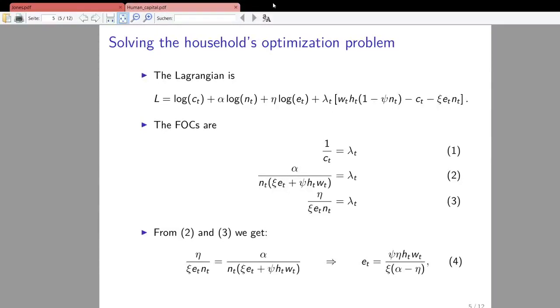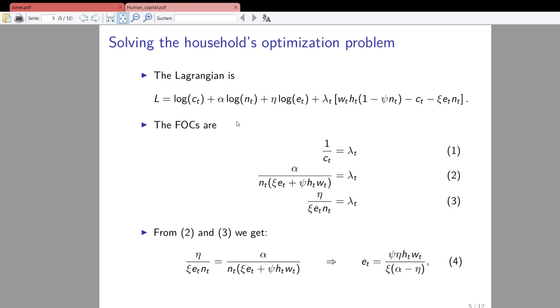Now we solve this household's utility maximization problem by first setting up the Lagrangian function, that is the utility function as on the previous slide, plus the Lagrange multiplier times the budget constraint, where all the terms are brought to one side. And then we have three necessary first order conditions for the three choice variables: consumption, fertility, and education.